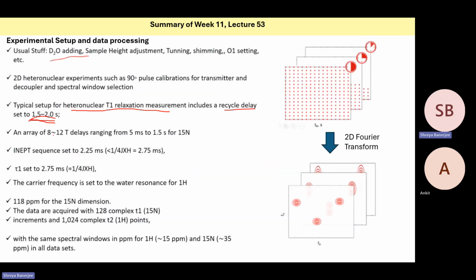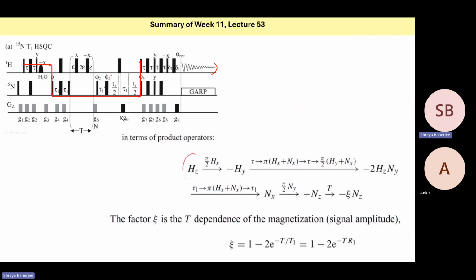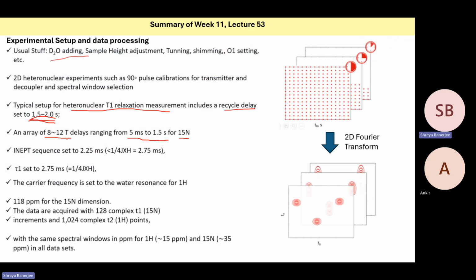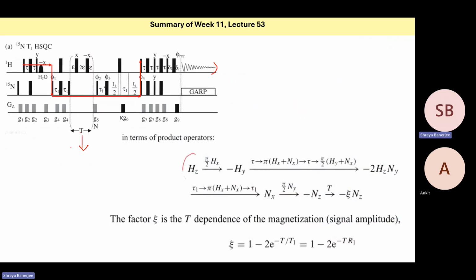An array of 8 to 12 T delays ranging from 5 milliseconds to 1.5 seconds for 15N. So suppose you're doing a 15N 1H HSQC, this T value is varied from 5 milliseconds to 1.5 seconds, and you need to do at least 8 to 12 experiments to properly get an idea of the T1 relaxation.